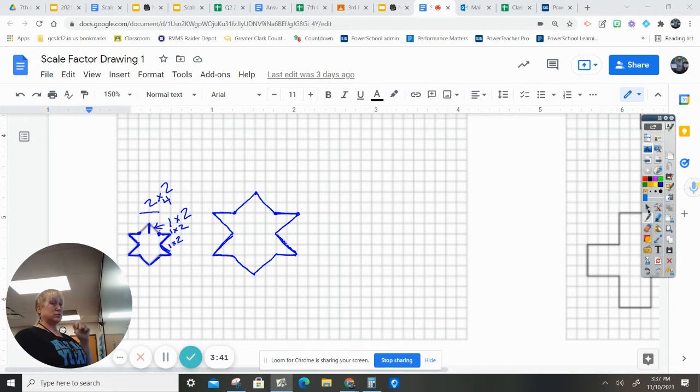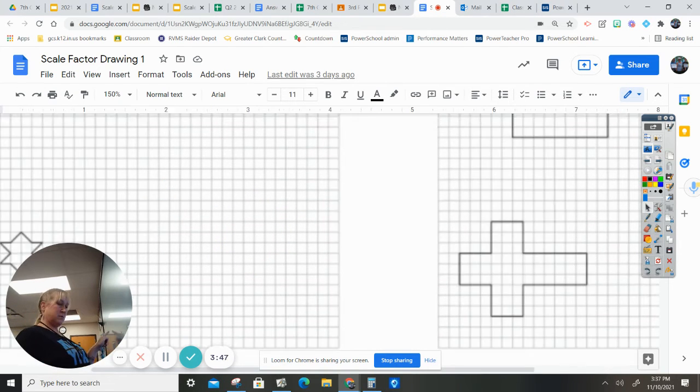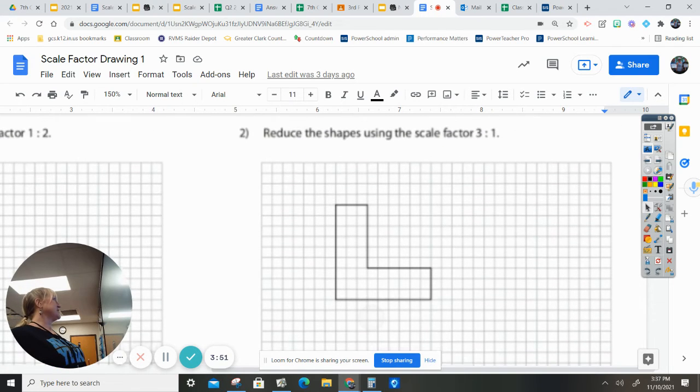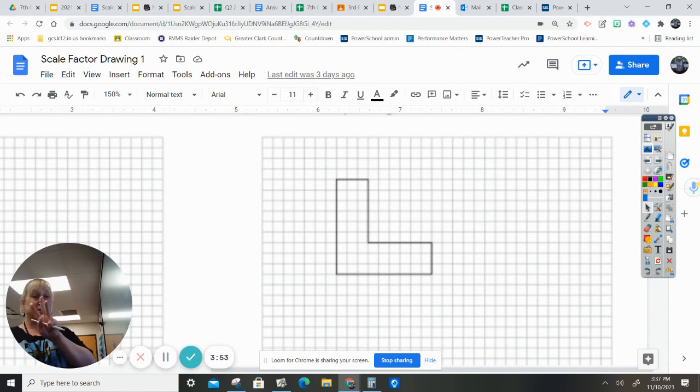Then, cross our fingers that my computer lets me. Yeah, it did. This one is a scale factor of 3 to 1. So instead of changing it times 2, it's going to be times 3. So my line of 3 turns into 9.